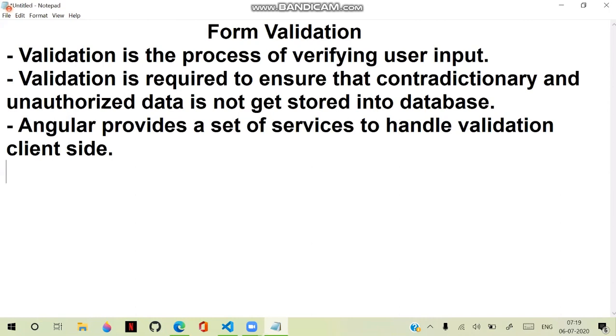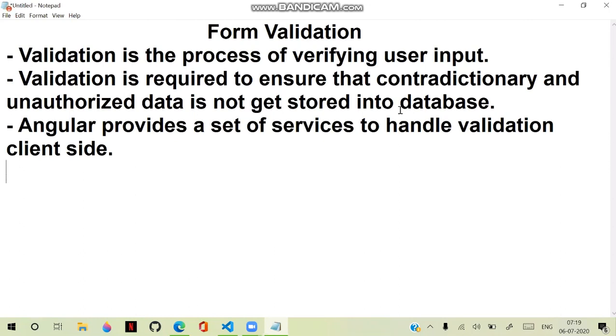So Angular provides services. Service means it has some inbuilt functions. Those functions will verify the values and they will return whether valid or not. So with less code you can achieve what you are looking for.